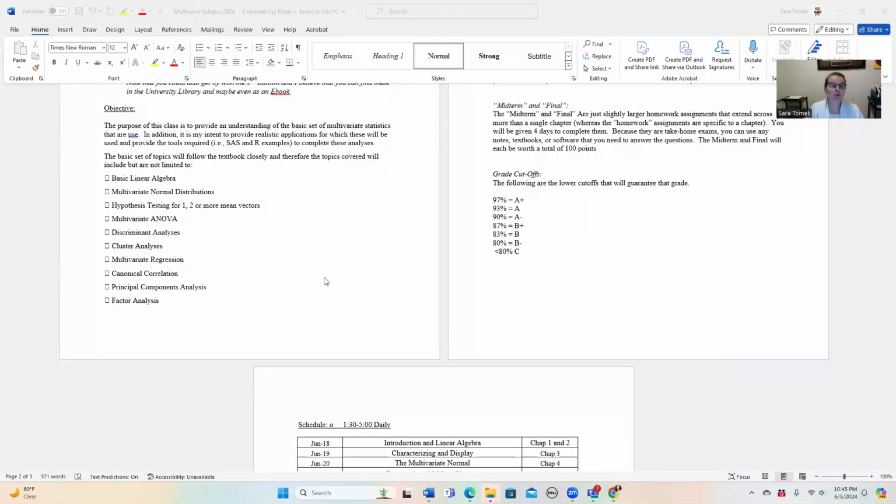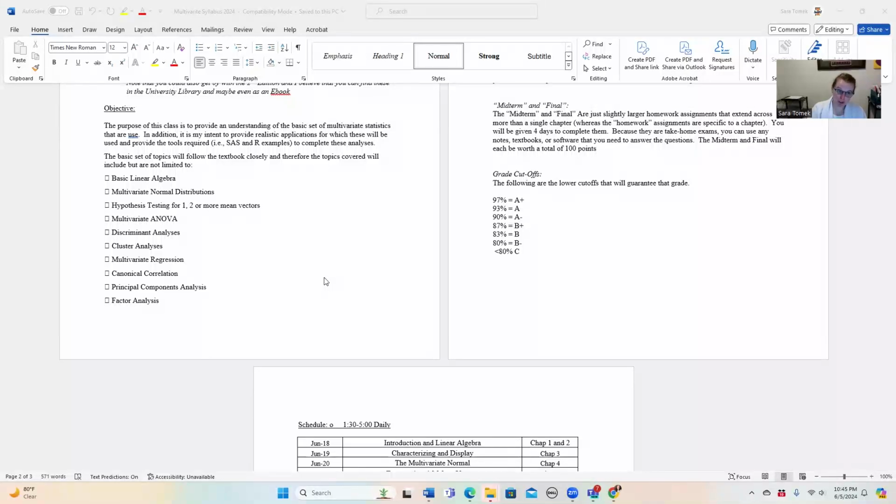How I set up this course is you'll see the topics. I'm going to first go through linear algebra and how it works. We will deal with matrices since we're looking at multiple variables simultaneously. Then for every topic, I will move from univariate to multivariate and how they differ. You don't need to know everything about univariate statistics, since you'll get a refresher.